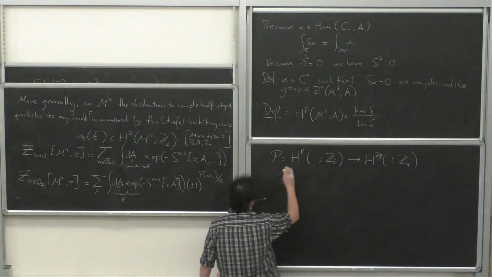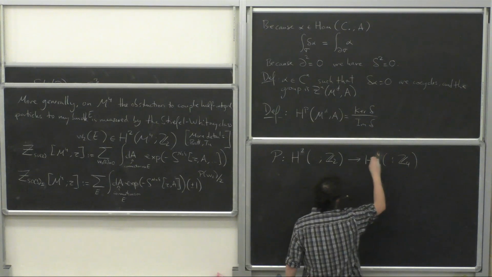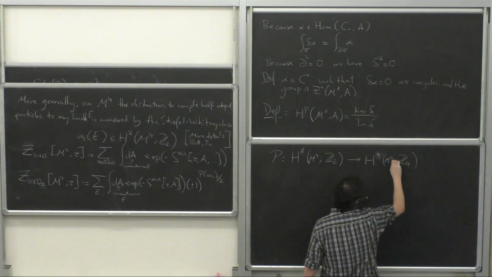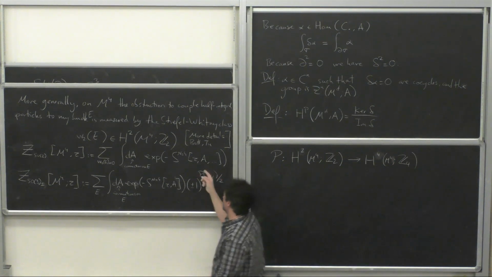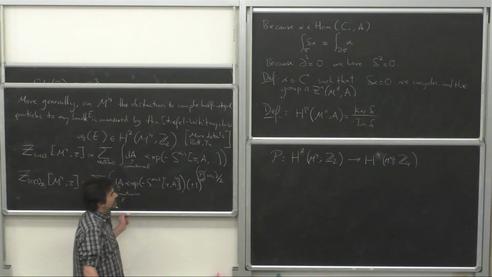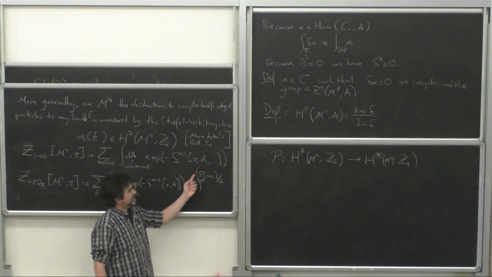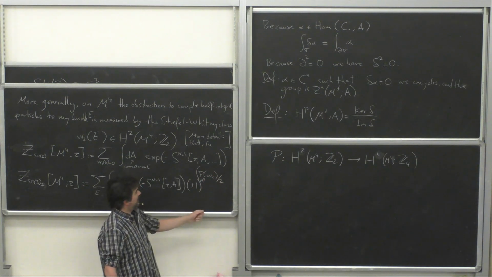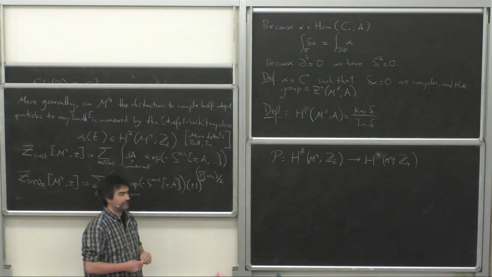So in my case, this is an operation from H2 to H4 of a 4-manifold. So this is something I can integrate over the whole manifold, so this is the integral over M4. So this is now a number which is Z4 valued. I divide it by 2, and I lift plus or minus 1 to that.